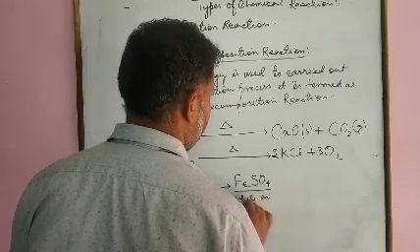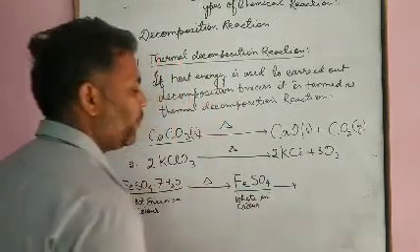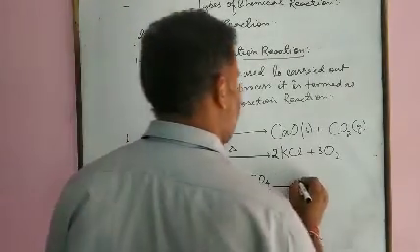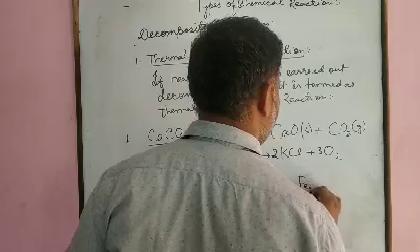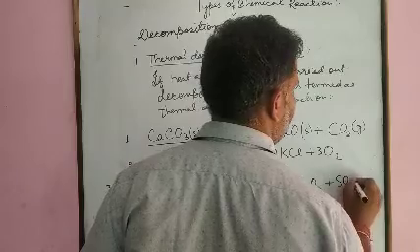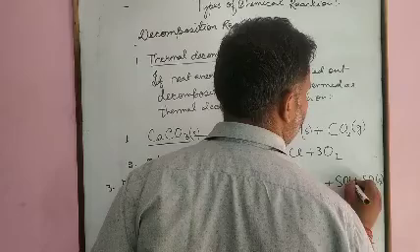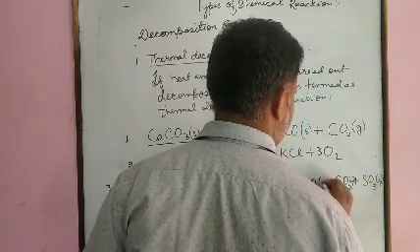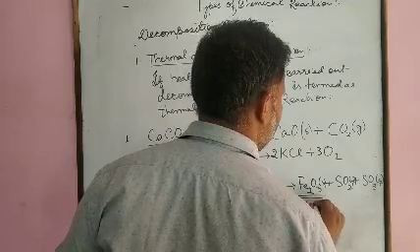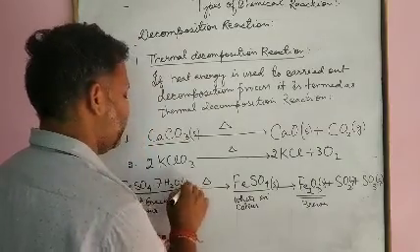On further heating, it forms Fe2O3 plus sulfur dioxide gas plus sulfur trioxide gas. It is brown in color. It is solid.